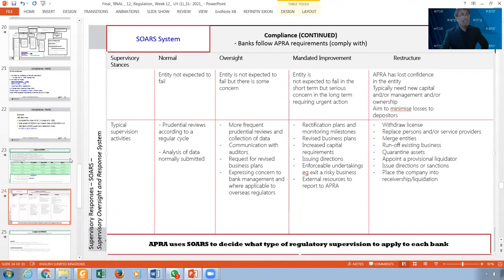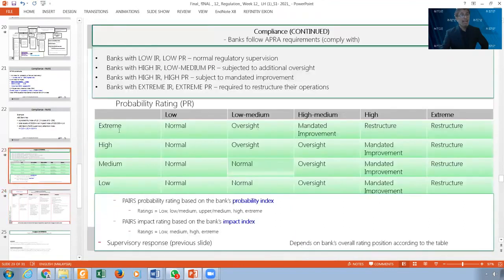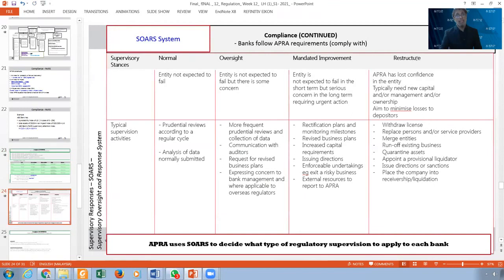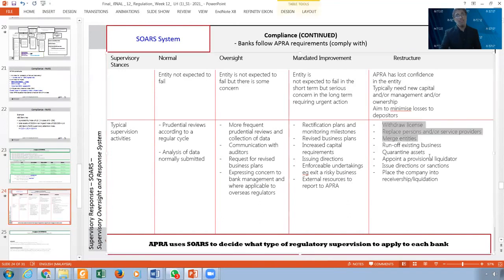For example, if somebody is really high size and extreme risk, the policy is restructure. See, if you are very big in size and your risk is high, they stop you immediately. So this is what we call restructure. EBRA has lost confidence in the bank, and then they will withdraw the license and do all of those things to stop the bank from damaging the system.